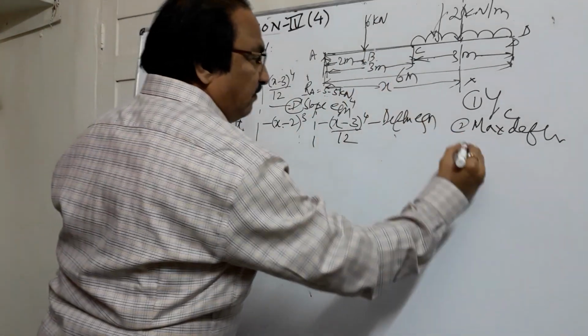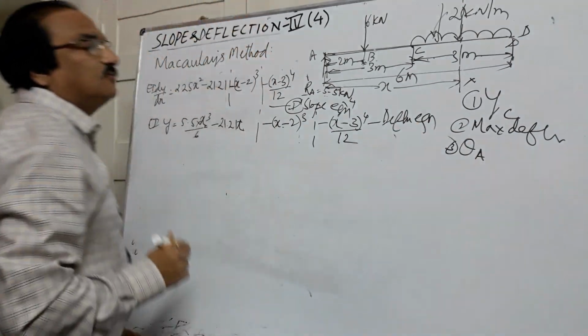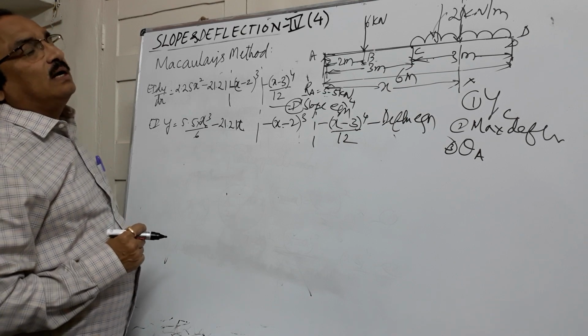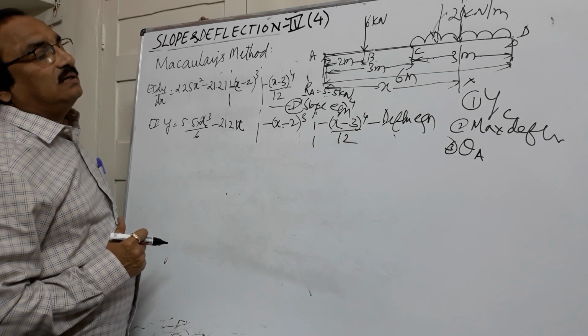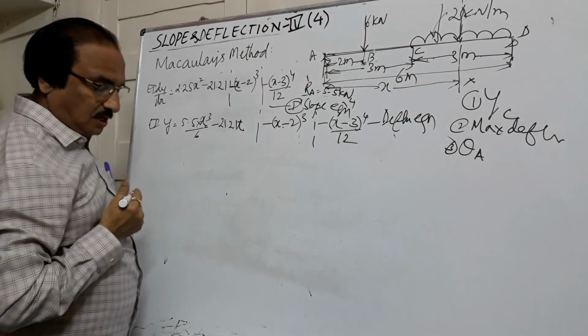And the third is the slope at A. So these are the three things we are going to determine: deflection at C, maximum deflection, and the rotation at A. Likewise, you can find the rotation at B also.